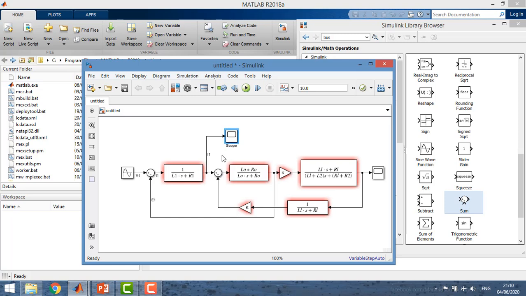Alright, so when we subtract I1 from I1 dash, the no load component can be found.